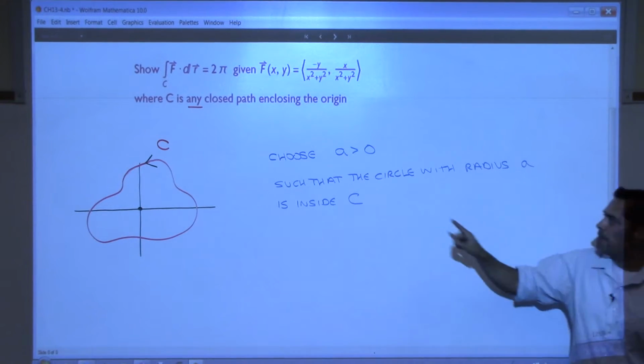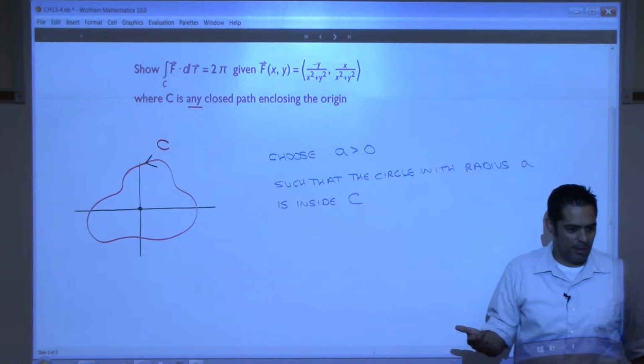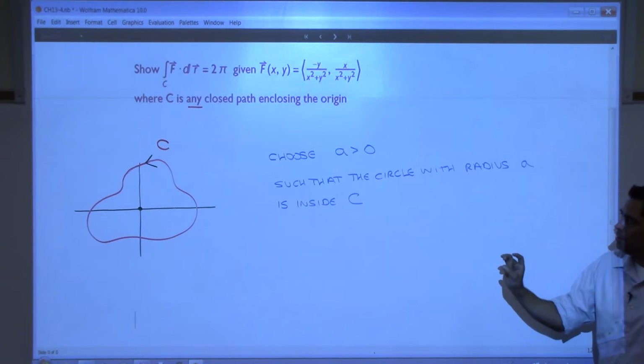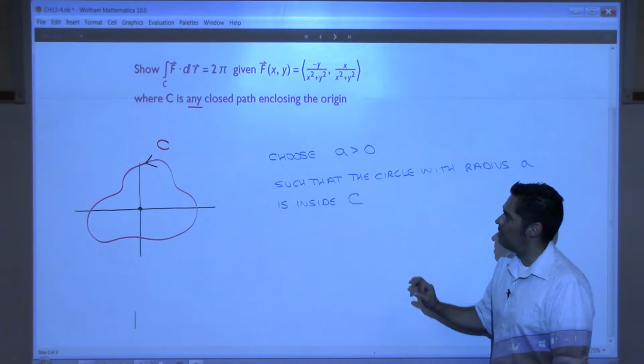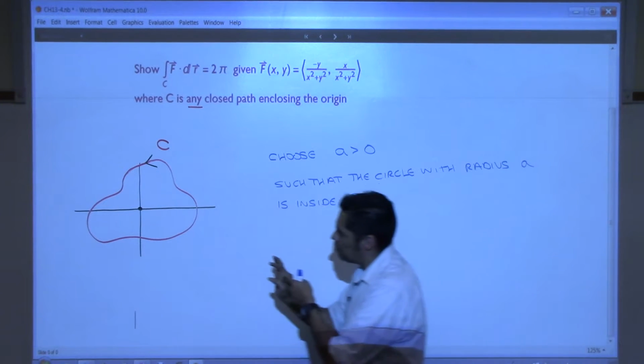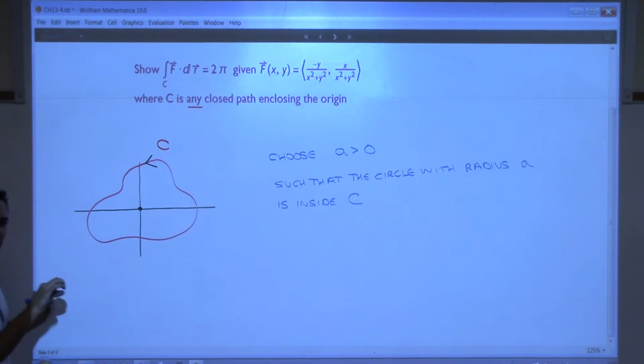I'm never going to run out of positive numbers greater than 0. Later on, if you study math, we call these little epsilon balls. If you can fit a little epsilon ball inside of here, then I can do it. No one's going to argue with me on that?